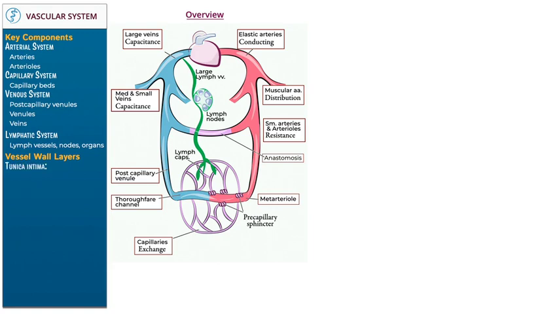Note that blood vessel walls are generally organized into three layers: the tunica intima, the innermost layer, which contains a single layer of endothelium surrounded by connective tissue; the tunica media, the middle layer, which contains variable amounts of smooth muscle, elastic connective tissue, and collagen, which limits the distensibility of the vessel, its ability to swell; and the tunica adventitia, the outermost layer, which comprises mainly collagen.